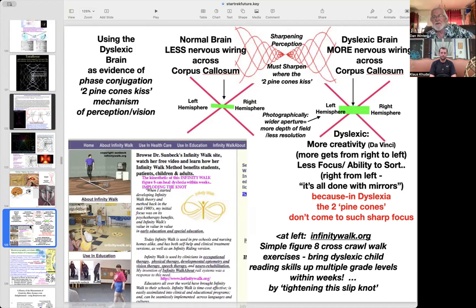And children who are taught to do the infinity walk cross crawl powerfully, they find that within weeks, major improvement in the symptoms of dyslexia, repeatedly, replicably. Hello, dyslexia goes away if you implode your brain.